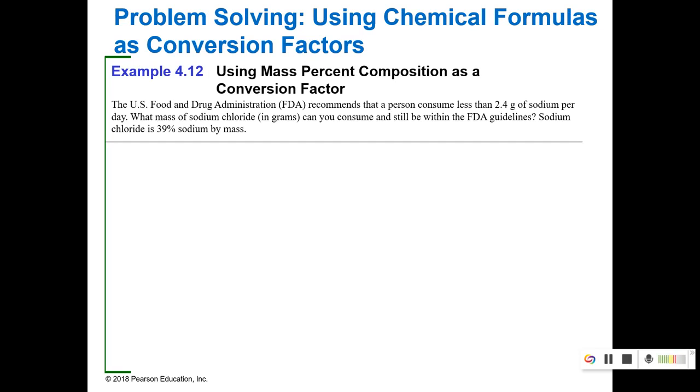This is using mass percent in a problem. So remember, percent is out of 100. So that 39% is the same as saying 39 grams out of 100 grams. Okay, so we start with our 2.4 grams of sodium. And they want to know what the mass of sodium chloride is, so that's the bottom, because that's the whole thing.